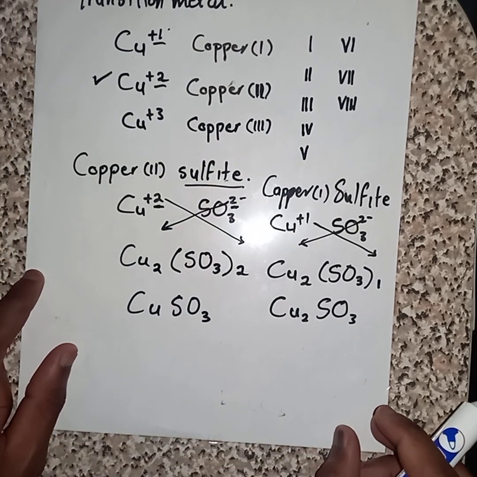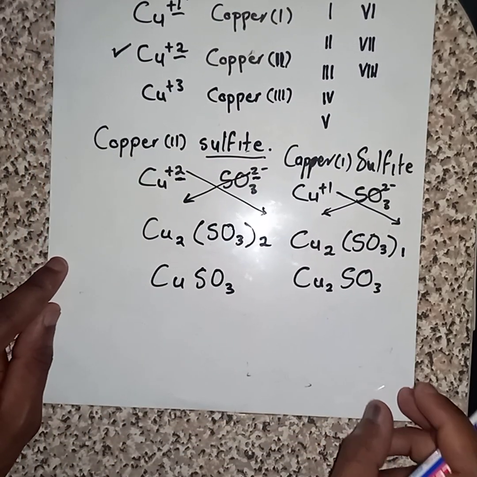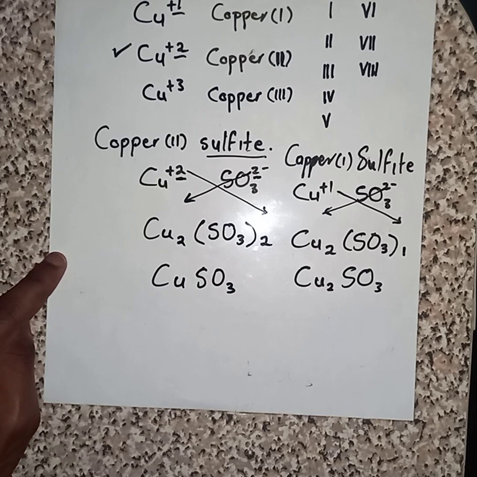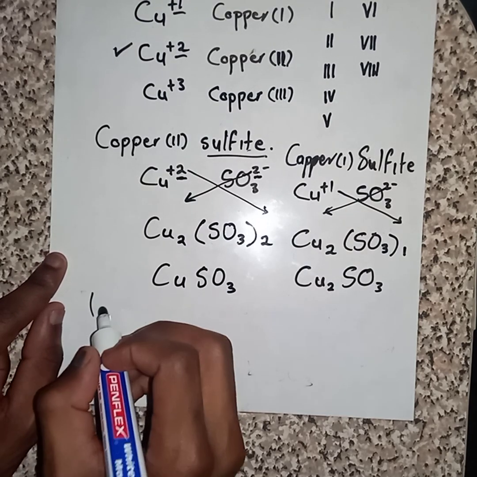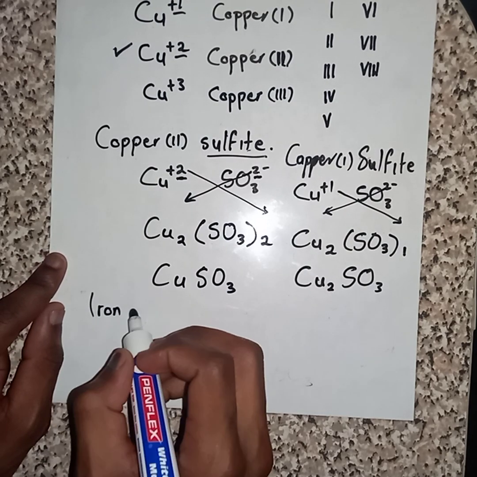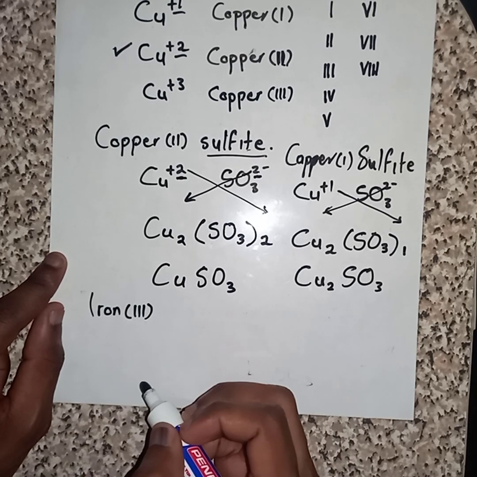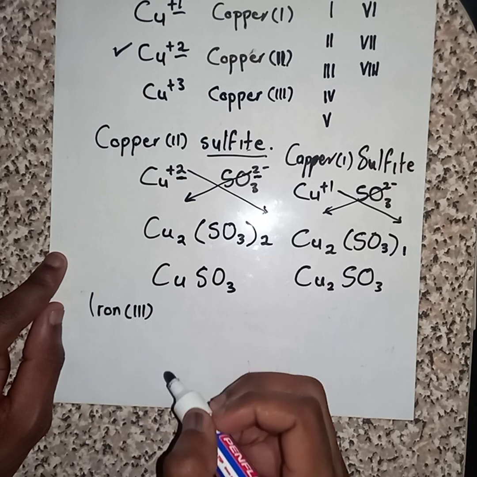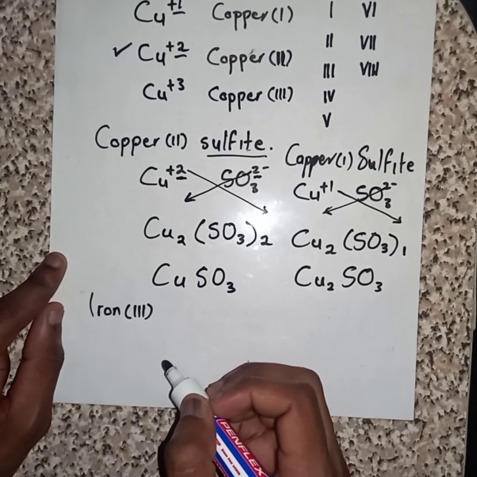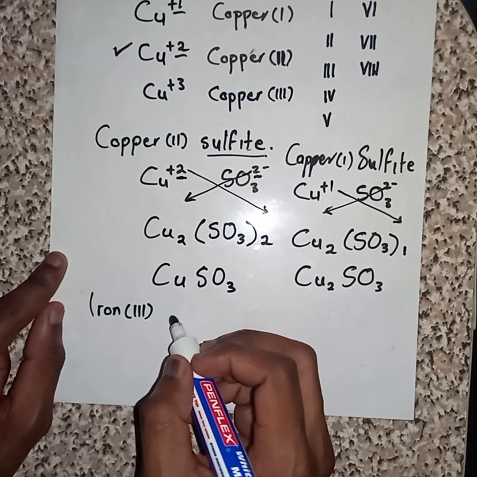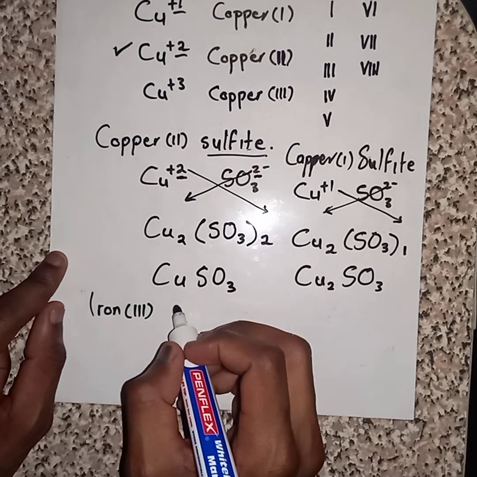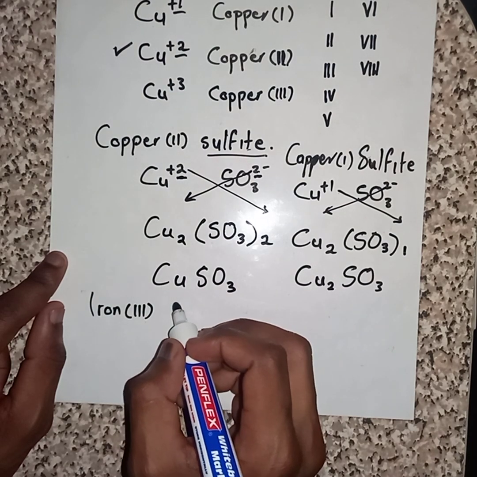Now, how are you going to write this one? Let's say by chance they give us iron 3, and let's say carbonate, iron 3 carbonate.